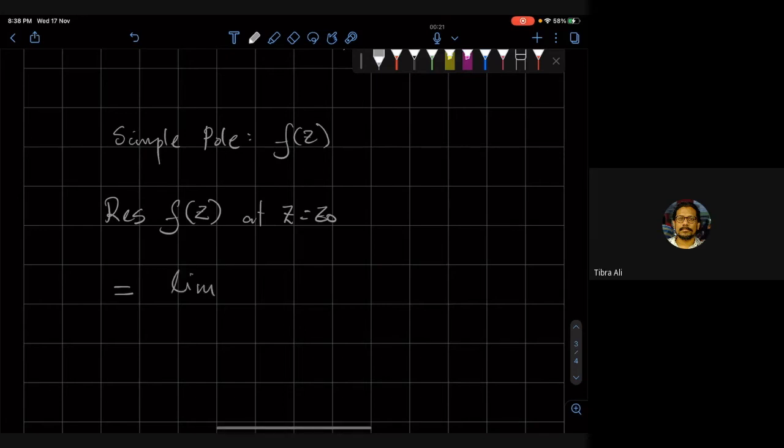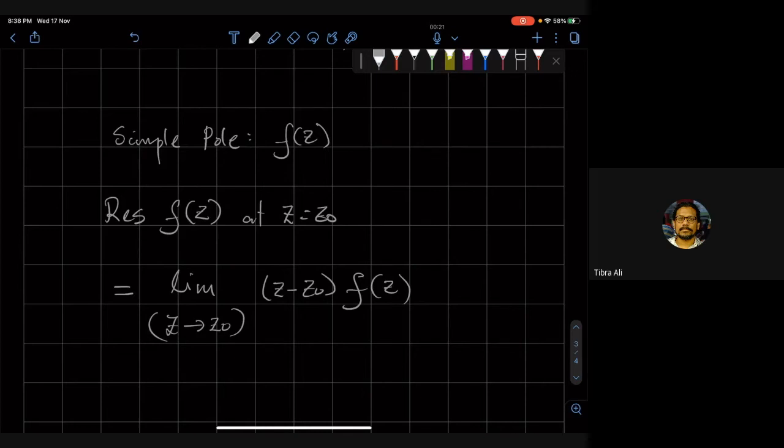You take the limit of z goes to z naught of z minus z naught times f of z. With a little bit of thought, you can convince yourself this actually gives you the residue of the simple pole at z equals z naught.